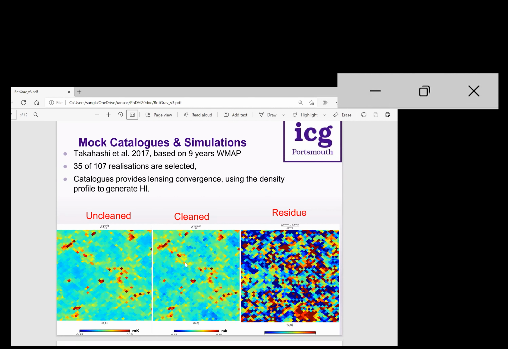From that catalog, I tracked down the over density matter profile and used it to generate the surface brightness temperature of H1.